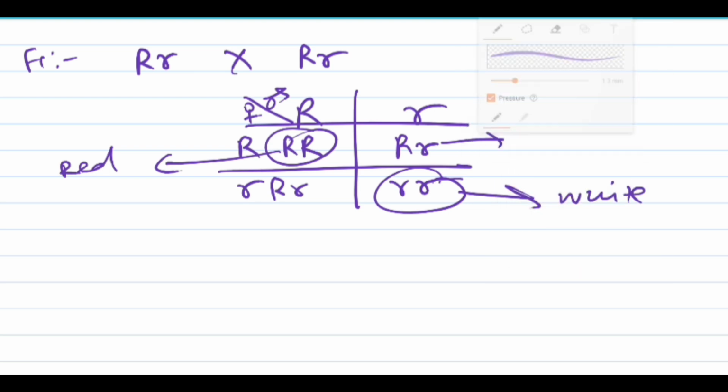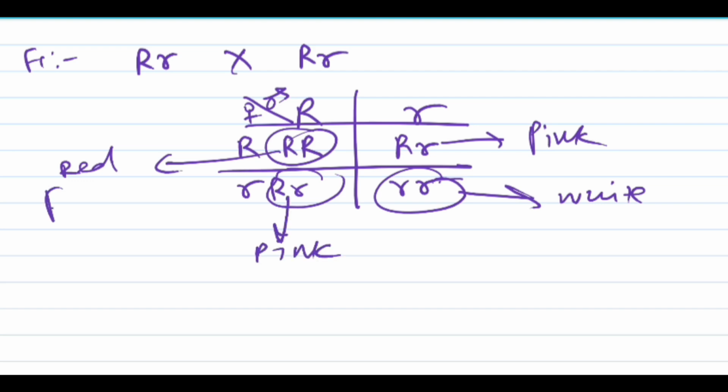This will be pink. As you can see, in F2 generation, we are getting back the parental traits. So that's why we can conclude that there is no blending, and the law of not being blending is universal.